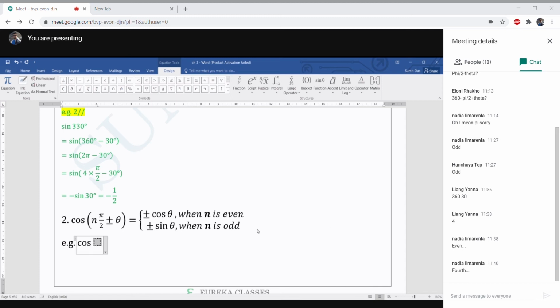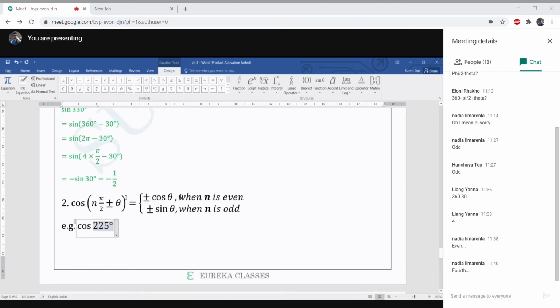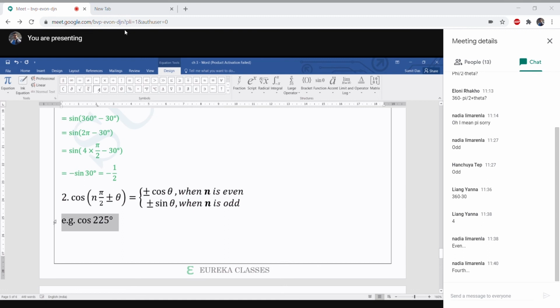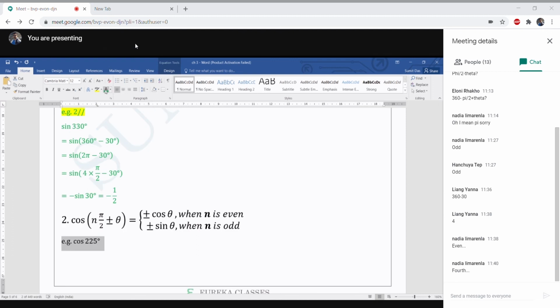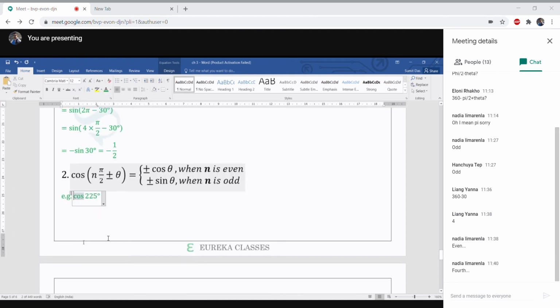Cos 225 degree. Do this one now. Find it out fast. Later I will show. Same as before.